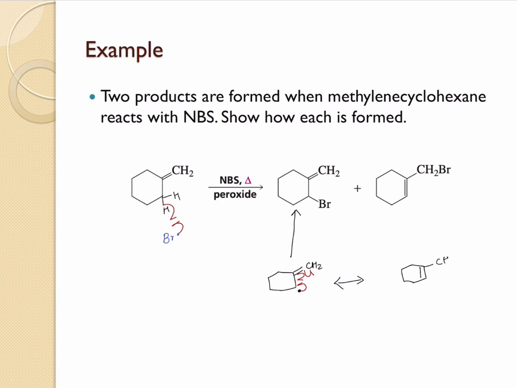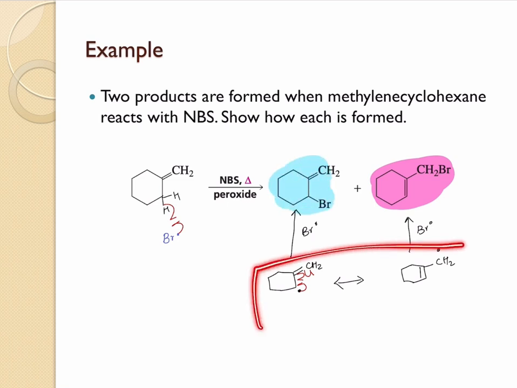So this is our other allyl radical. Now the bromine radical can come in and add to this carbon which has this radical and form this compound. Okay, so there are two different compounds that are obtained here because there are two different resonance contributors.